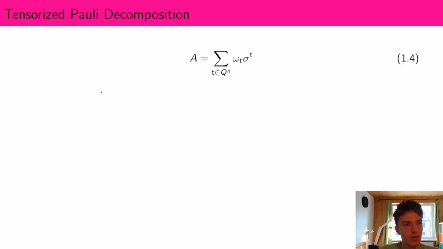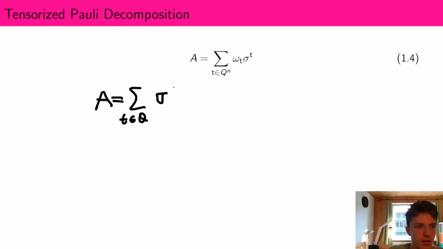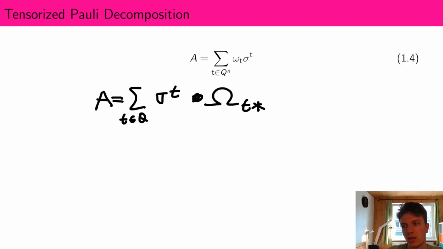So for the first qubit, we write A is equal to the sum over t in Q, so the four Pauli matrices, in tensor product with the accumulated matrix weight, which is this omega_t star, a matrix in a smaller space with 2 to the n minus 1 times 2 to the n minus 1 entries.